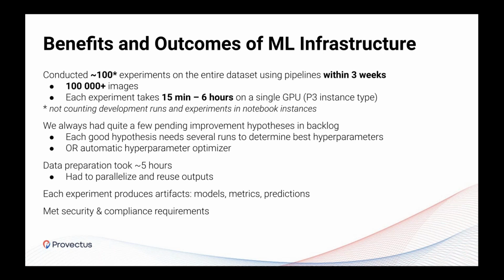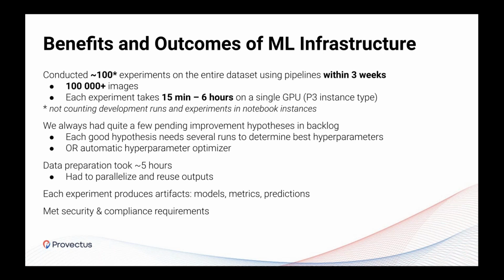While running one experiment, it was really important to move forward and configure a run for the next hypothesis. Data preprocessing took about 5 hours, so we had to version output data sets and use them in upstream pipelines. Security-wise, we had to minimize access to the real data, even for machine learning engineers.